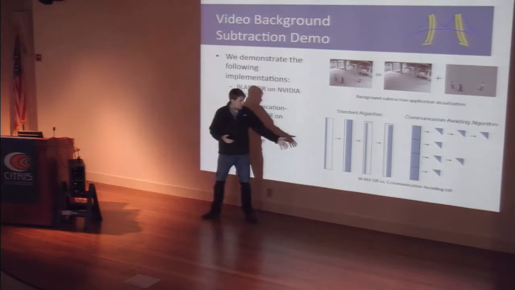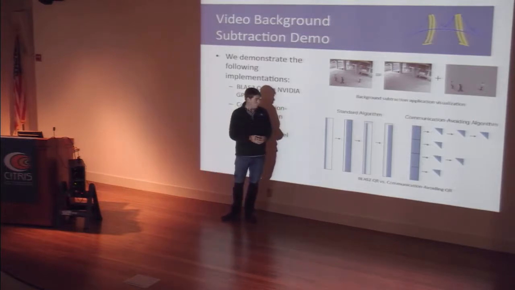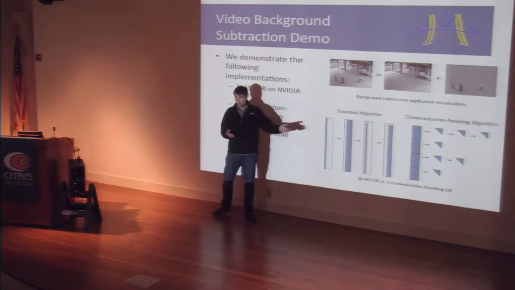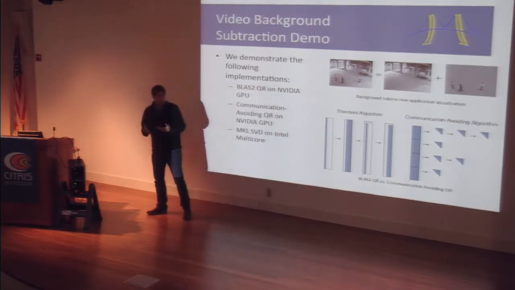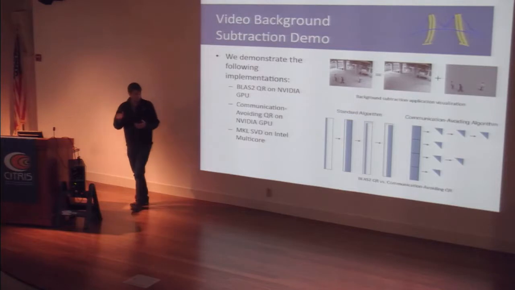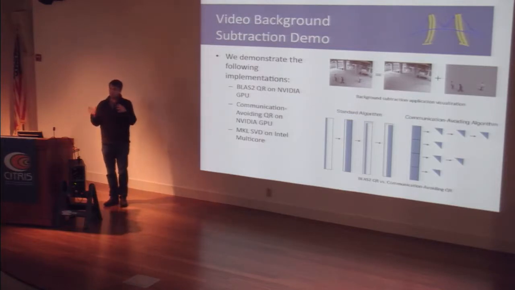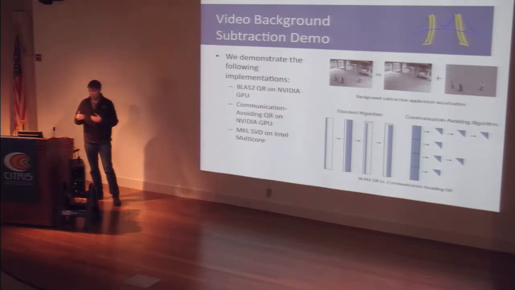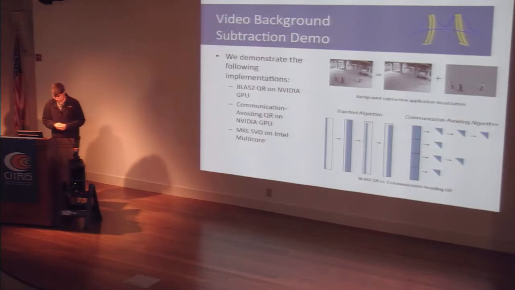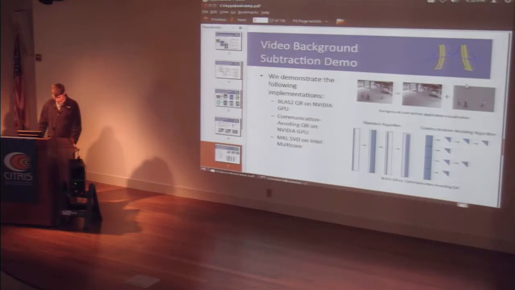Instead of operating like the standard algorithm would on the entire height of the matrix at once, the communication avoiding algorithm allows us to break the computation vertically into chunks so that each small problem can be solved efficiently in cache. So this leads to actually a big speed up. And we can actually see the speed up in this application. So I'm going to demo that next.